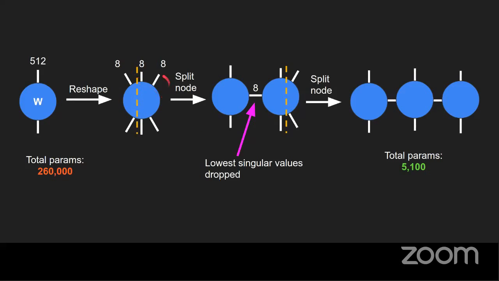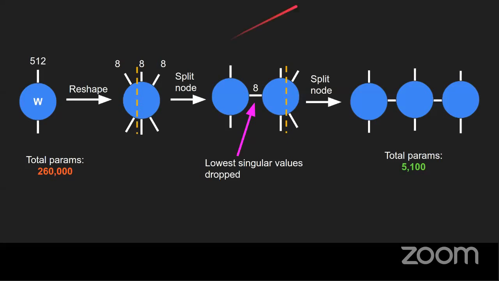Usually the number of singular values you'll see will be the min of the product of these 2 sides. In this case, it would be 64, since that's 8 times 8. But here we're only going to keep the top 8 singular values. We do the same thing on this node, splitting here, putting these 3 legs on this side and these 2 legs on this side. And then we're left with a matrix product operator that looks like this.